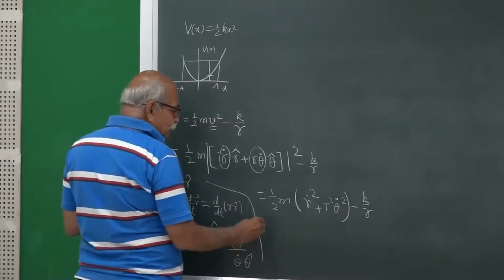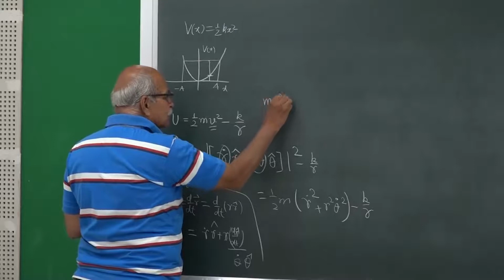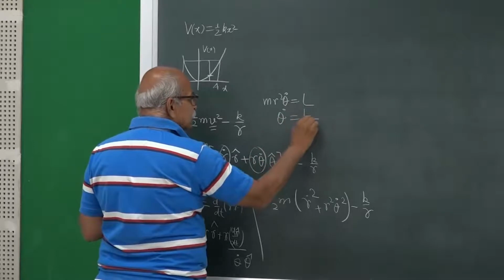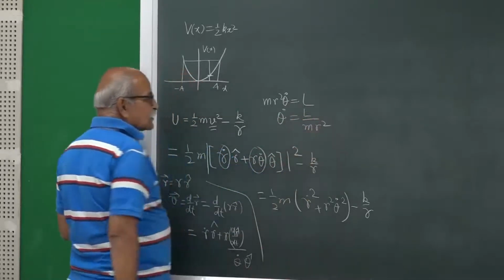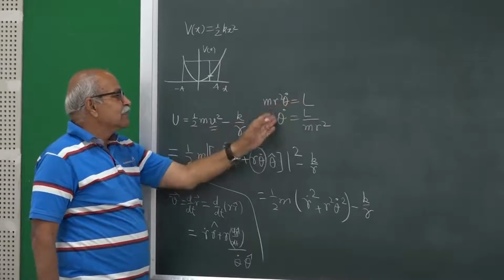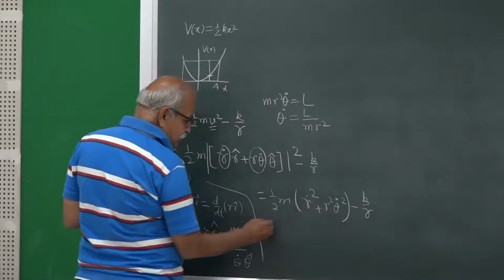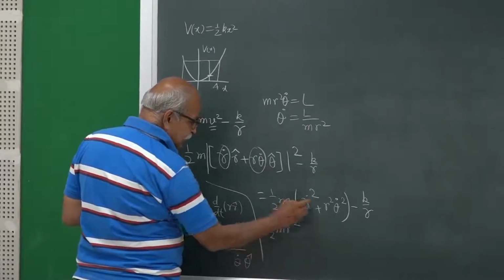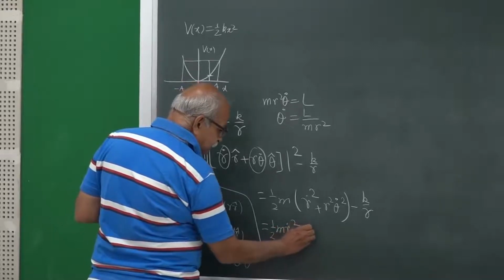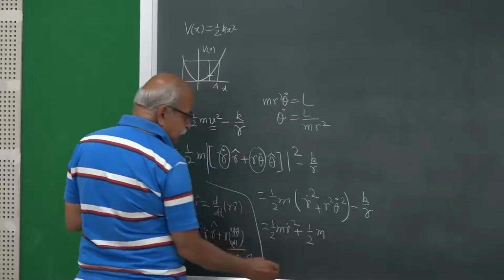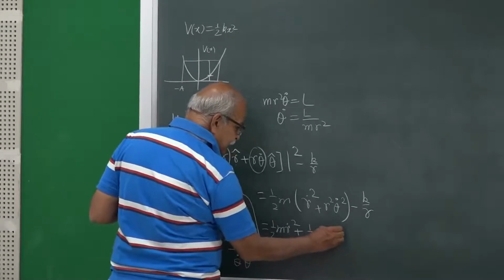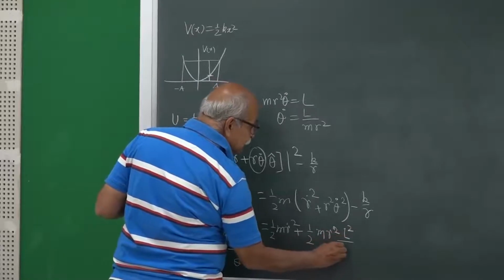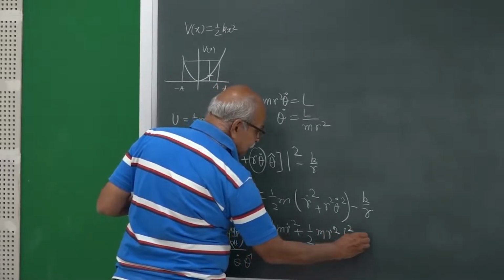And you also know that m r square theta dot is L. So, theta dot is L divided by m r square. Put it here. So, you have half m r dot square, that is the first term, and then you have half, and m here, r square here, and then theta dot square, so L square here and m square and r to the fourth here, and minus k by r.